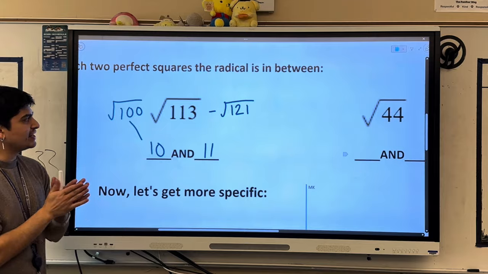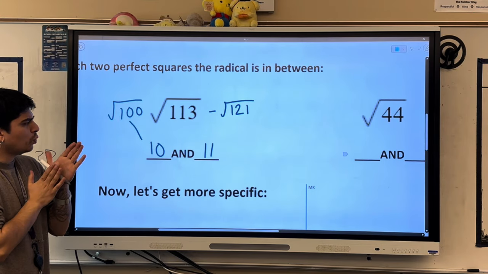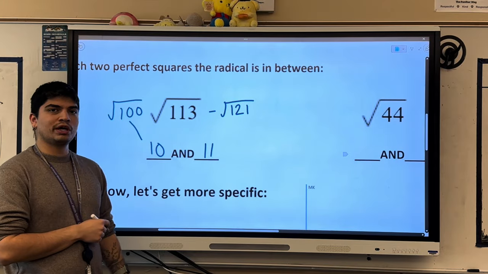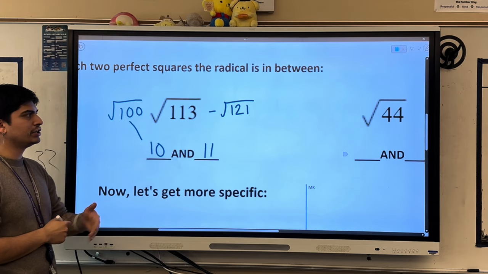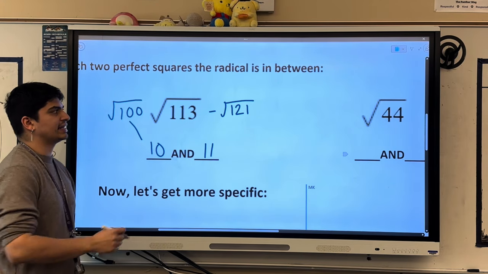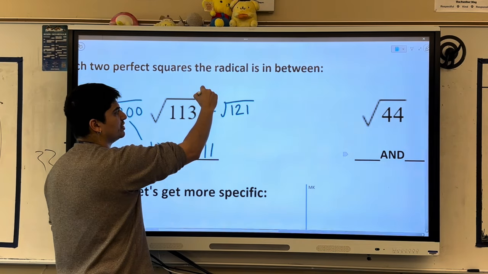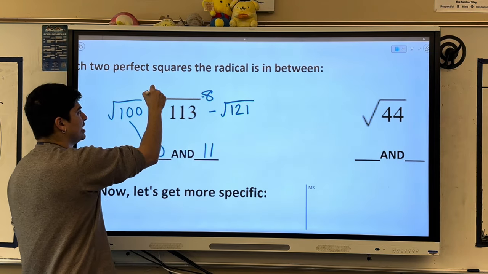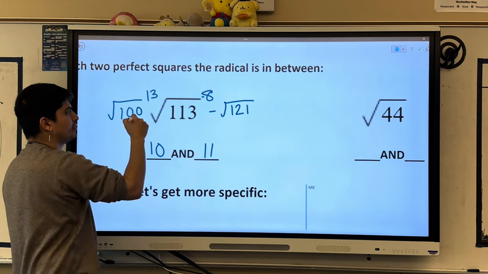And so this is where you have to think to yourself, where is it closer to? Is it closer to 121, or is it closer to 100, or is it right in the middle? Well, between these two numbers, I have a difference of 8, and over here, I have a difference of 13, right?